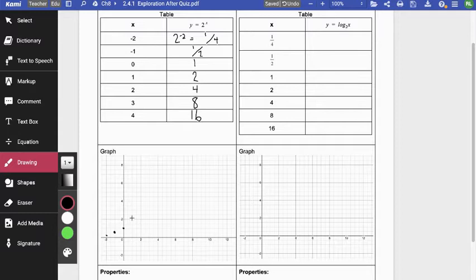Then we want to start paying attention to our x and y's. 1 and 2. X is 2, y is 4. X is 3, and our y is 8. X is 4, and we're going to be probably about up here, right? And so we'll start to have this graph, and you'll see it has a curve to it. Try to attach those as close as possible. We can see that general shape of it.